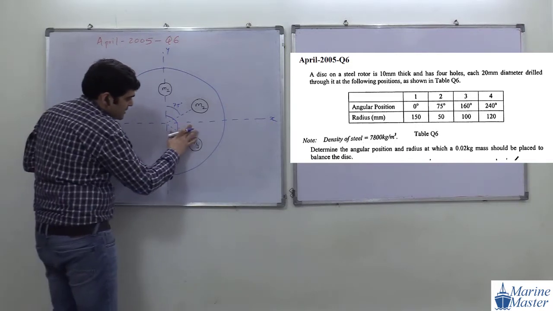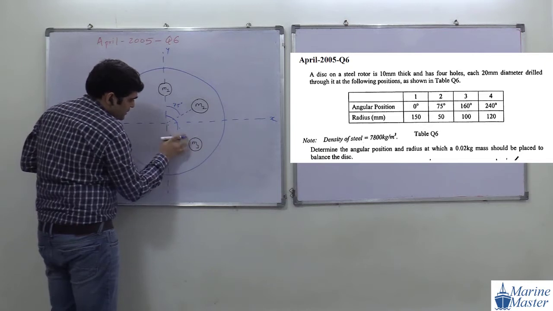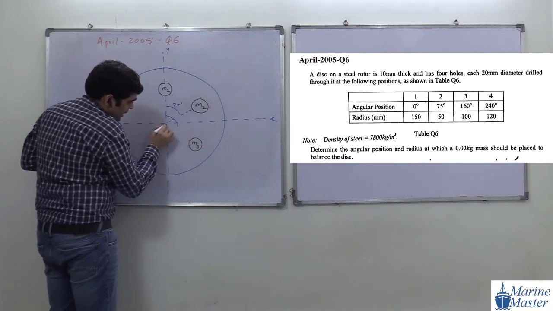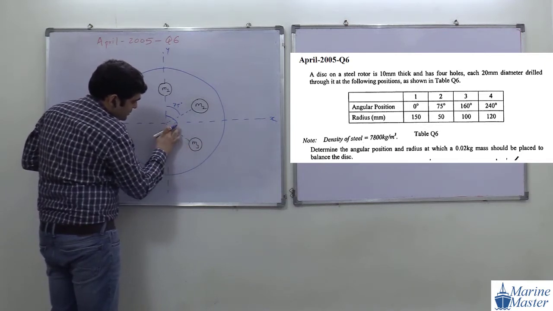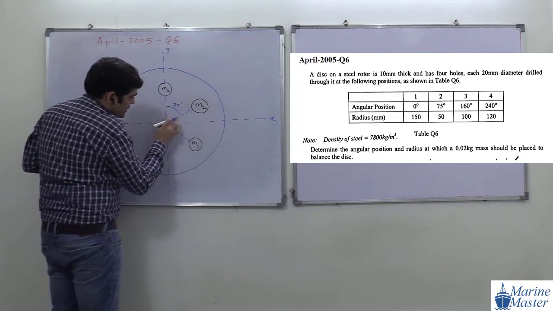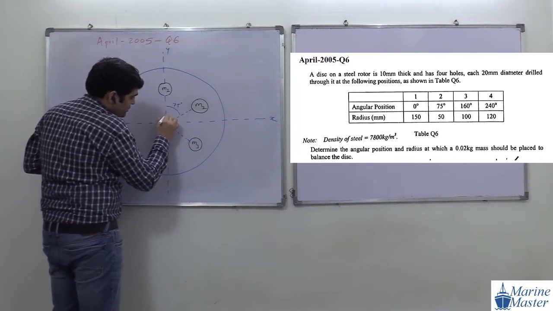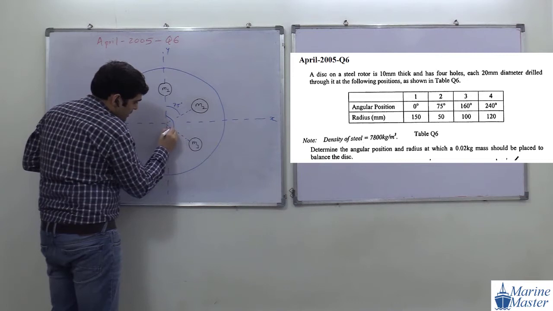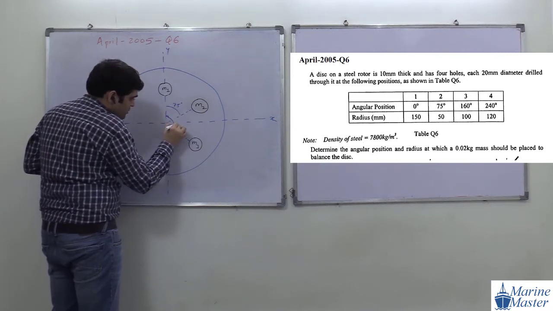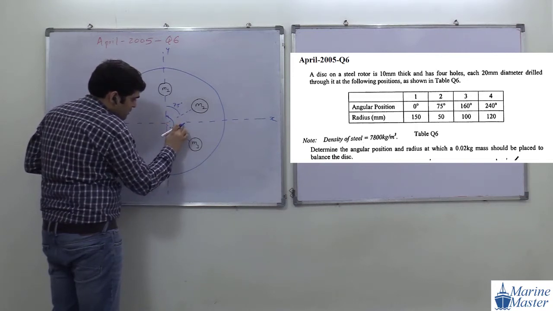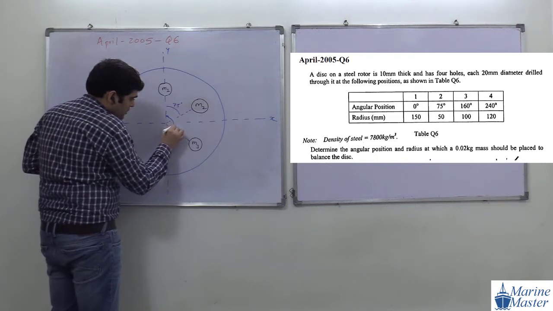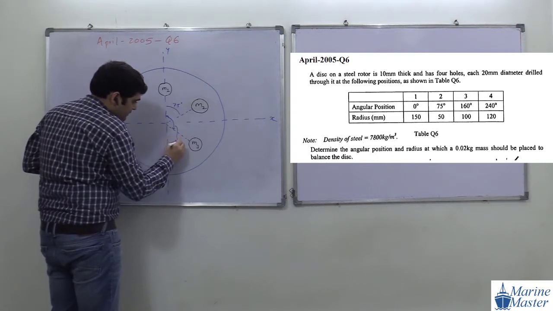Okay, see the point here. This discussion is very, very important to us, and the drawing is again important. In mechanics, the only important thing is the drawing. If you are good with drawing, then everything will be simple.